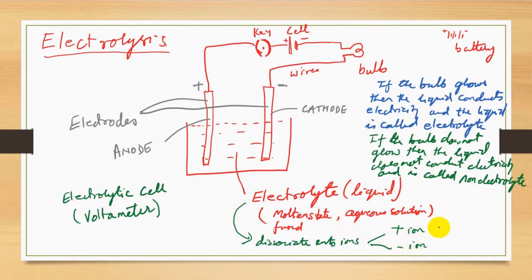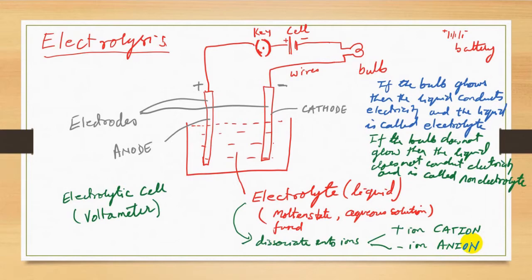It can form two types of ion. The positive ion is called cation, and the negative ion is called anion. So cation, anion, you have to know. Cathode, anode, you have to know, they're just oppositely charged. You'll see cathode is negative but cation is positive.